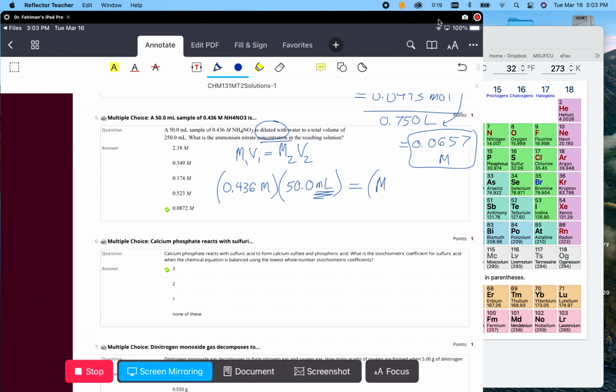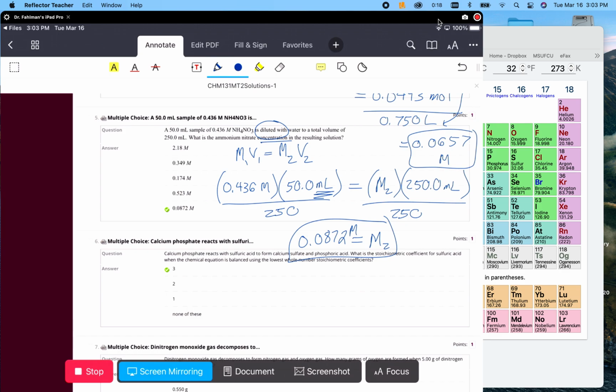So we're going to solve for M2. And then V2 is total volume of 250 mL. Okay, so essentially we're just dividing both sides by 250. Okay, so then M2 is 0.436 times 50 divided by 250. That gives you 0.0872. And the unit is capital M.